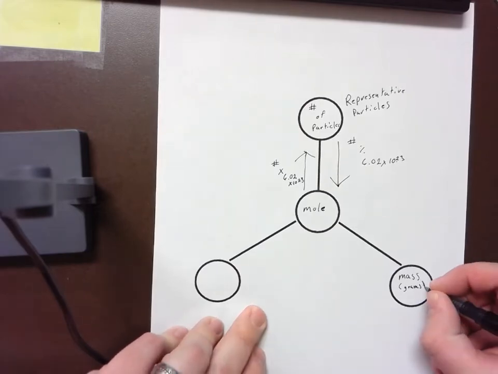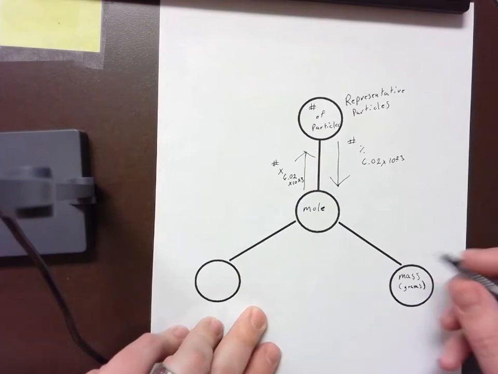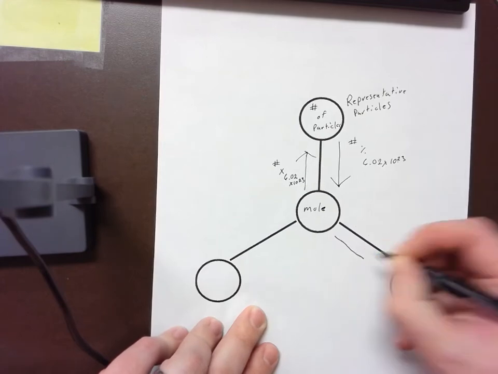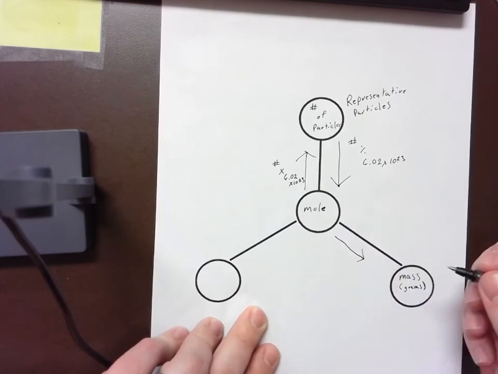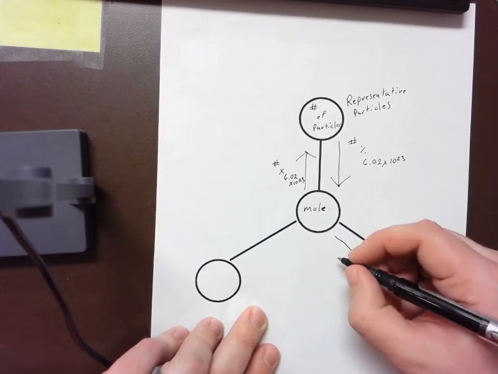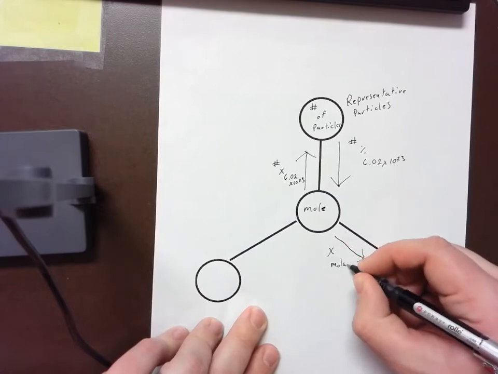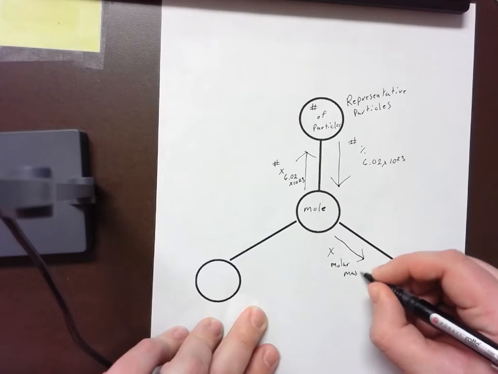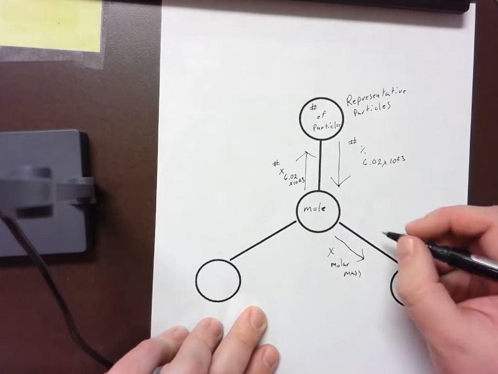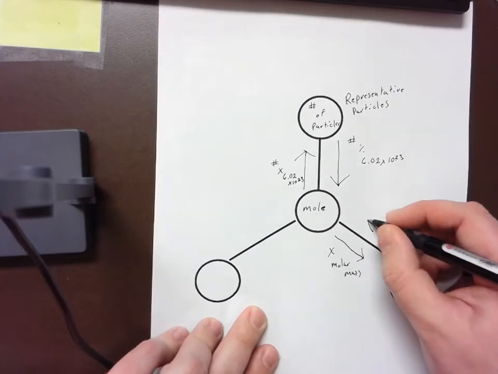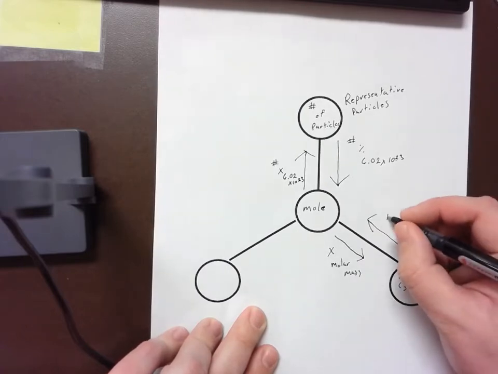So grams is always going to be, when we're going from mole to grams, we are going to multiply our molar mass. And if we are going to moles from molar mass, we are always dividing our molar mass.